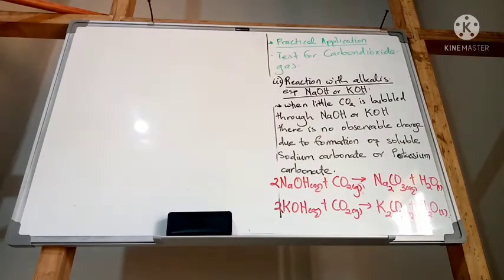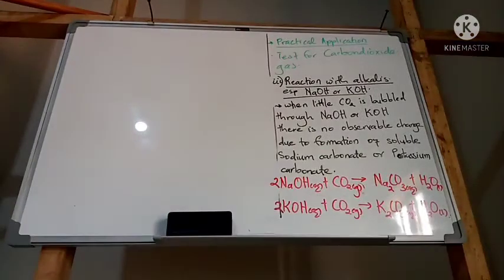So in that case, nothing is going to be observed. Why? Because the two salts formed, both potassium and sodium carbonate, are soluble in water. So they are not going to give us anything. However, when you bubble excess carbon dioxide through the two alkalis, then you're going to be able to see something.